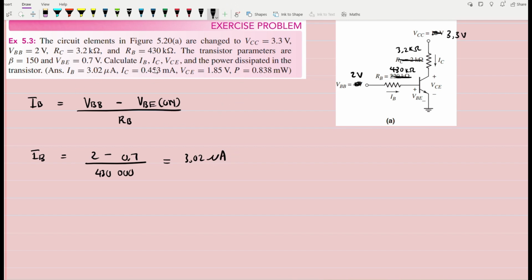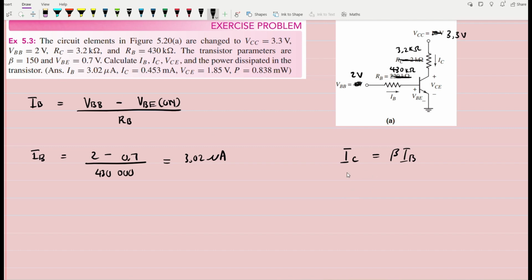Moving on, we have to calculate IC. We can calculate IC using this equation: IC is equal to beta multiplied by IB. We already have this value, which is 150.